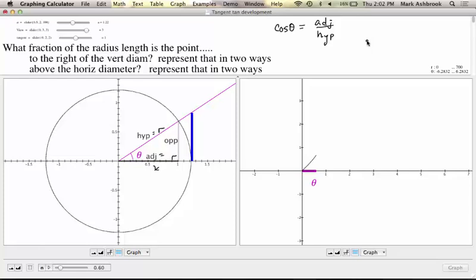So what about sine theta? Yeah, you said y over r, because it's the height y, but relative to the radius, or in the units of the radius. So we can just rewrite that as opposite over hypotenuse.